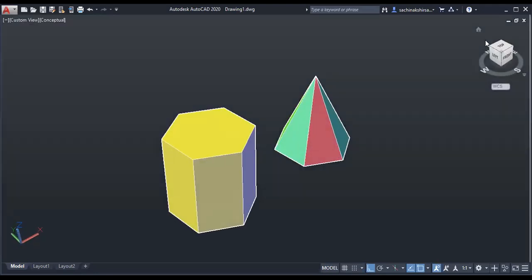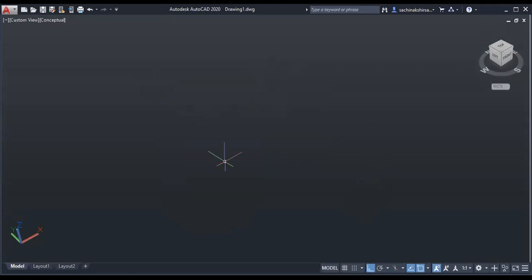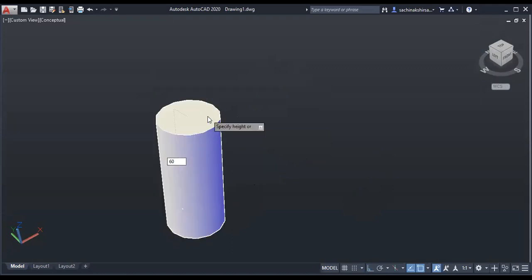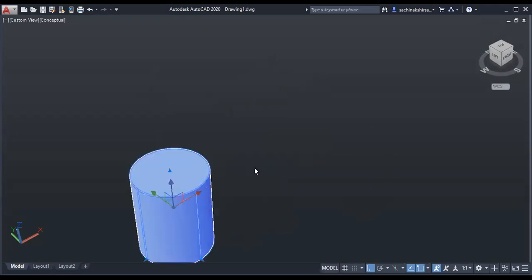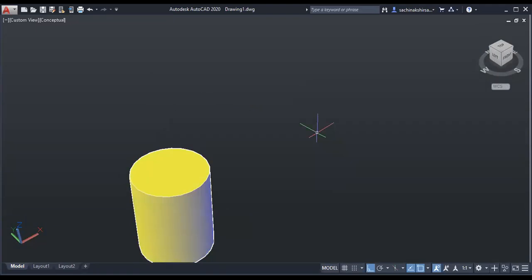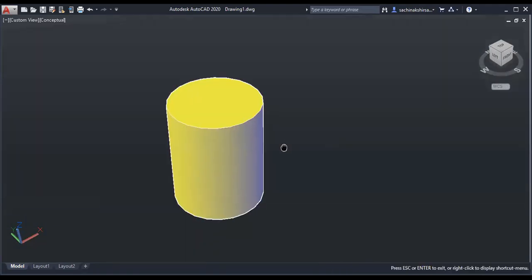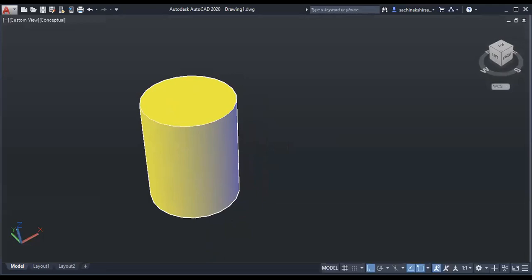Now that I have understood this, take the last two solids, cylinder and cone. I will directly draw one cylinder. There will be one circle. It is a very famous solid, we can say cylinder.